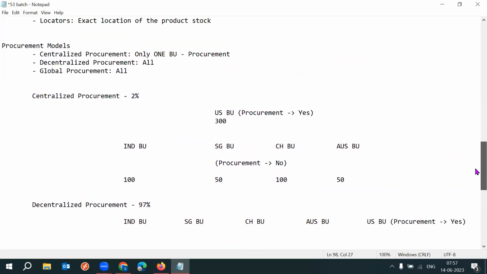Good? Okay. I'll show you the setups related to these procurement models in the coming classes, and how to achieve all these three, because I worked on all three projects. I'll show you the configurations. But in our classes, I'll follow decentralized, because 97% of the clients are using this one.